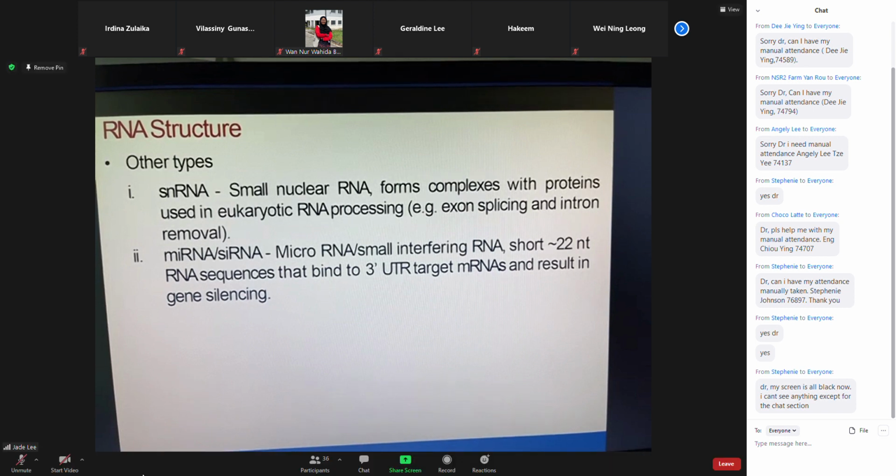This is what we call gene silencing technology. Each gene has its own function, right? So if you want to understand the function of the gene, you need to inactivate it.